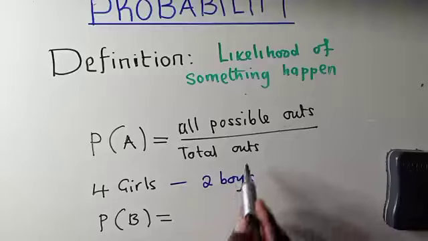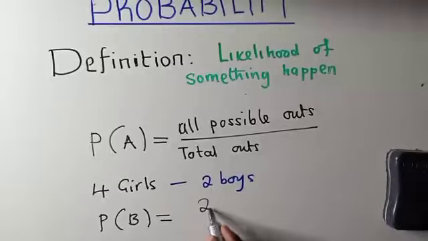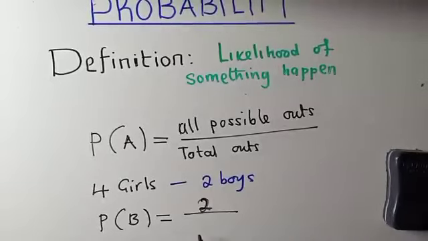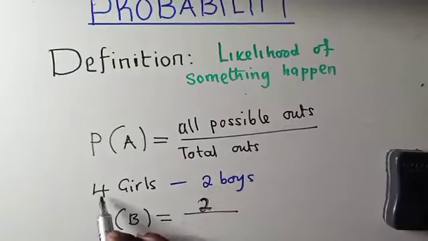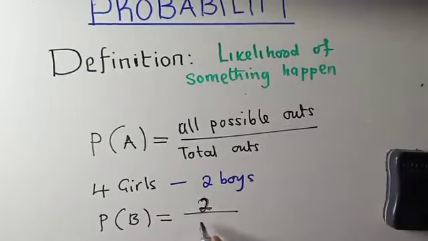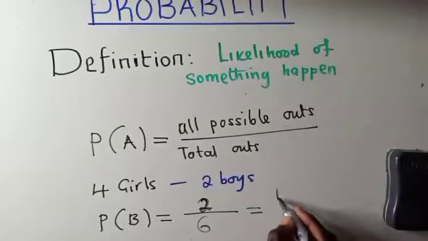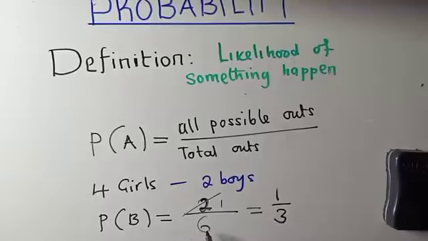So all possible outcomes of picking a boy are here, 2. There are 2 of them, over total outcomes. So total outcomes will be 4 plus 2, which is equal to 6. So now the probability of picking a boy will be equal to 1 over 3, which is right here. I've just reduced it: 2 into 2 is 1, 2 into 6 is 3. So this is how you work it out.